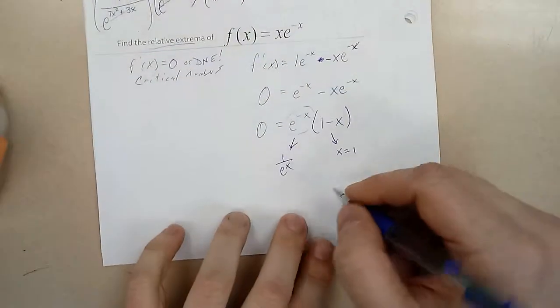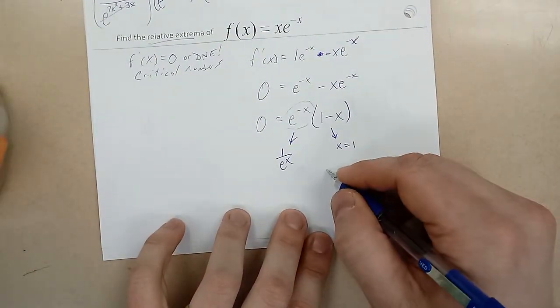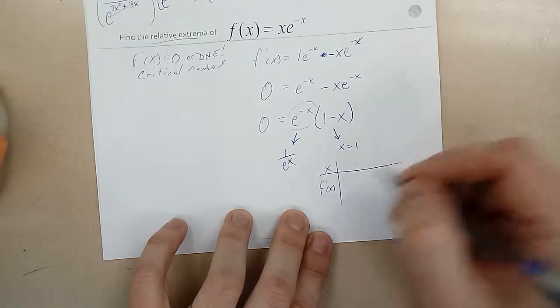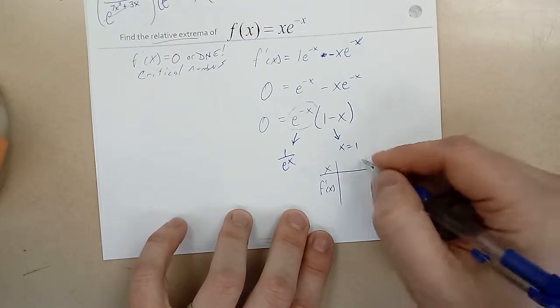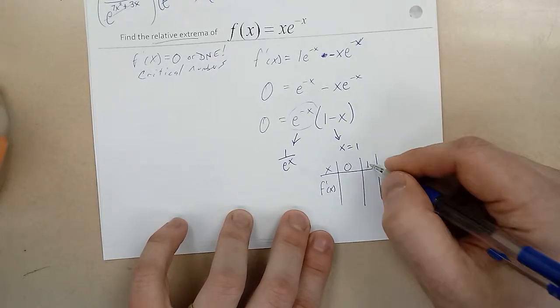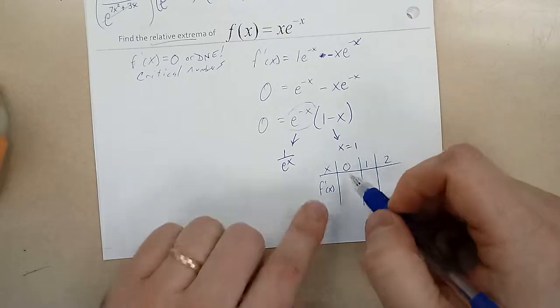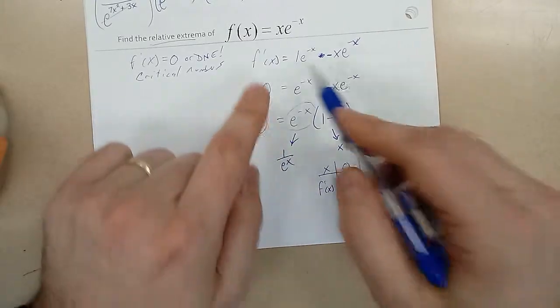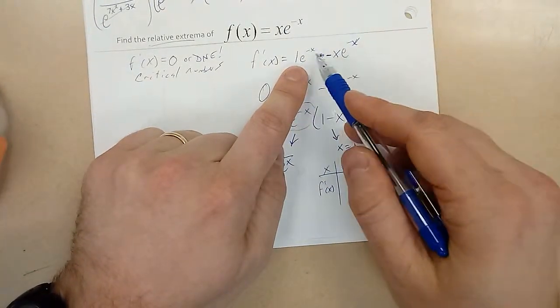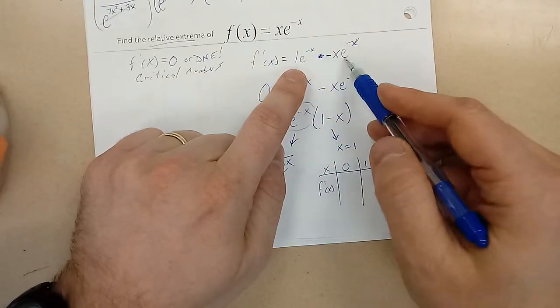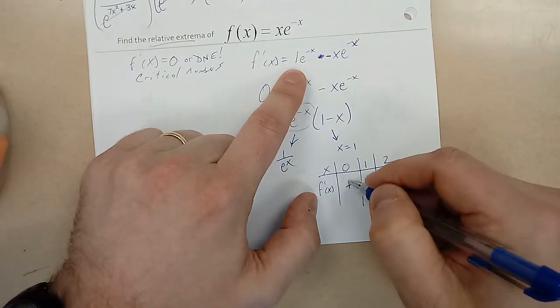Remember, to test our relative extrema, we take our x value and we plug that x value into f prime. So we use 1, and then we use numbers on either side of our critical number. So I'm going to use 0 and 2. So if I plug 0 into our f prime, so e to the negative 0, that's e to the 0, that turns into 1, and I subtract 0, so I'm left with a positive number there.